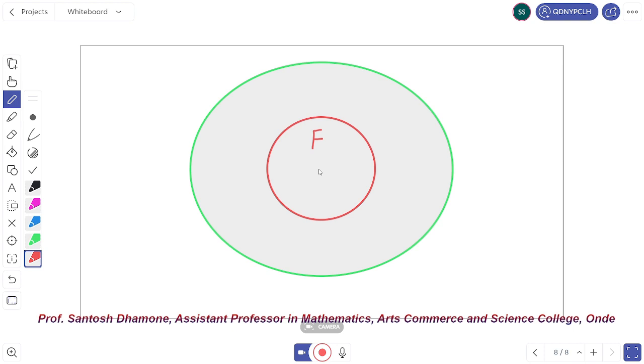This is the definition of the diagram of our problem, the complement of F and F.